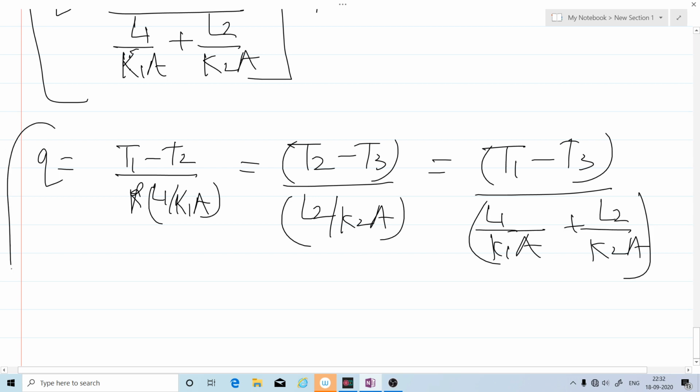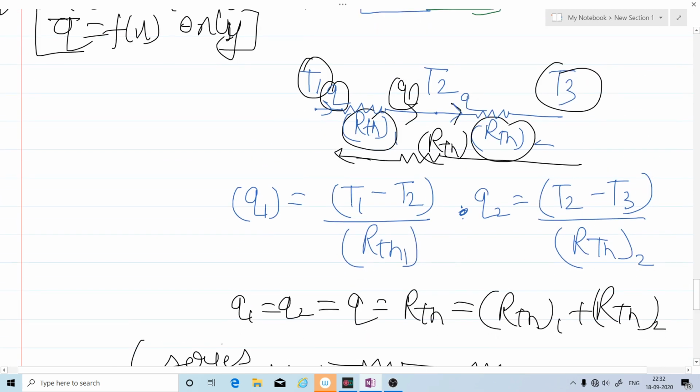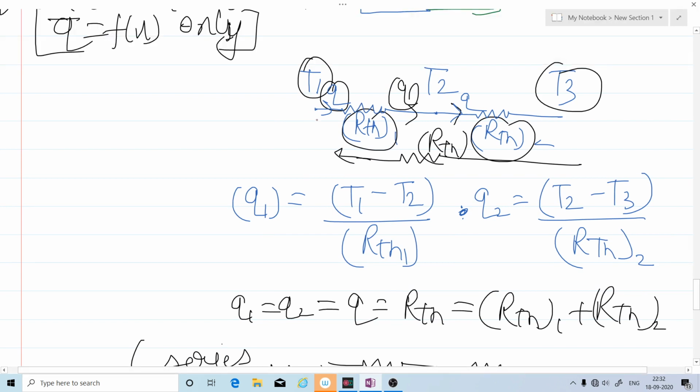Why is this happening? This is because the heat that was flowing through slab 1 is actually entering slab 2. This Q1 is becoming Q2. That means Q1 and Q2 are the same. Hence, the same heat is flowing from T1 to T3, the same heat transfer rate. That is why all the heat analysis will be like this.